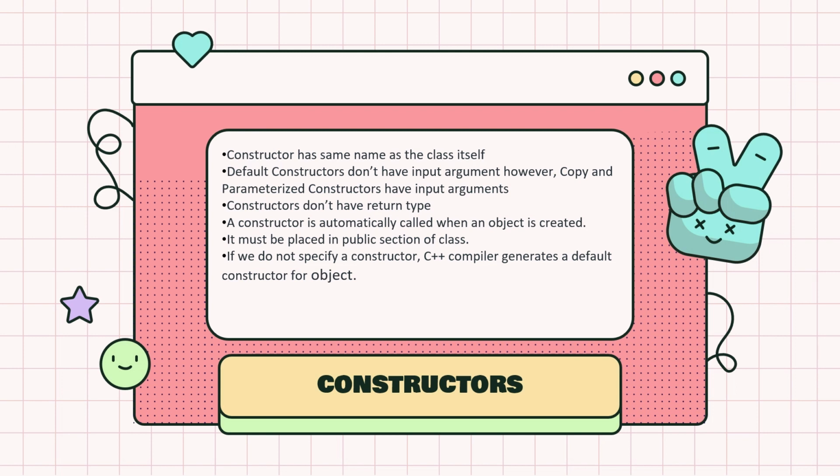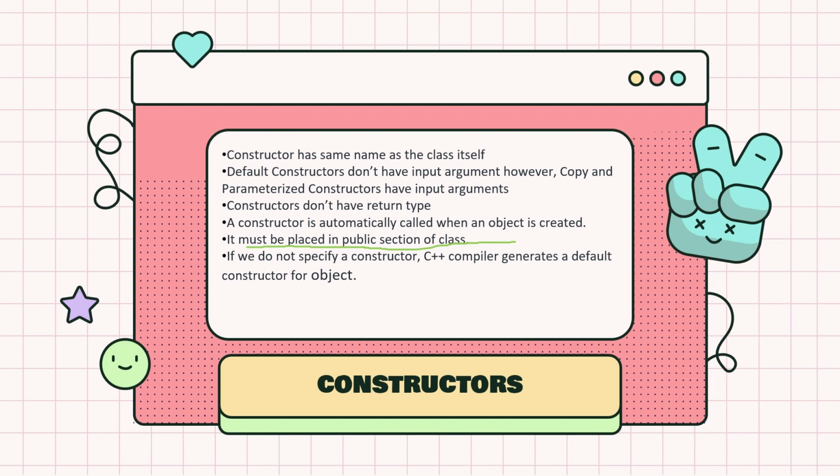Constructors don't have a return type, and they are called automatically when the object is created. It must be placed in the public section of a class; it's mandatory. If we do not specify a constructor, the C++ compiler provides a default constructor for our object.